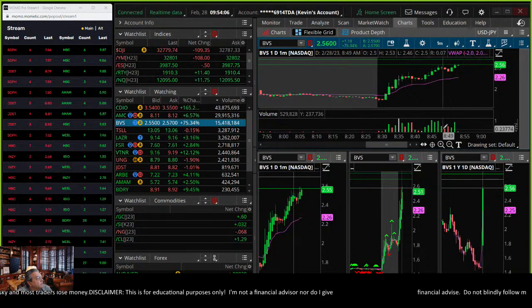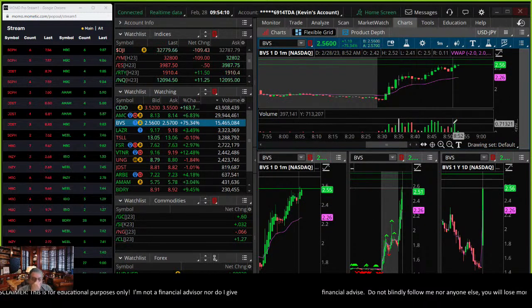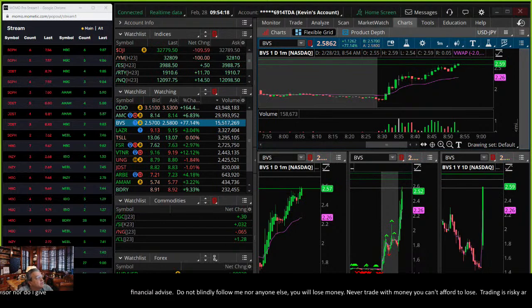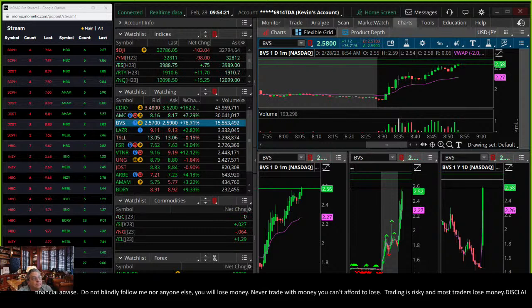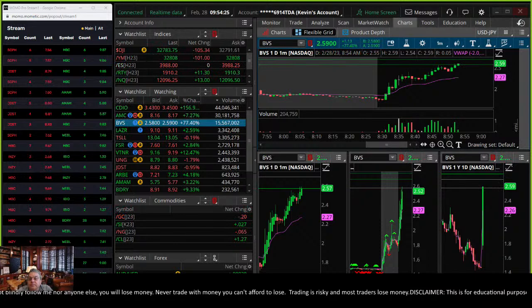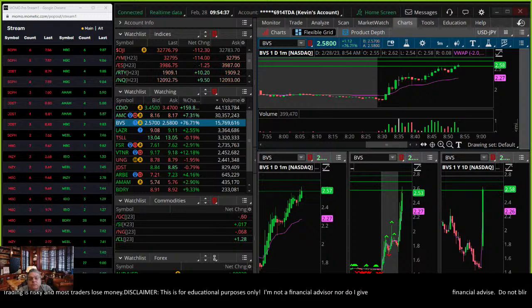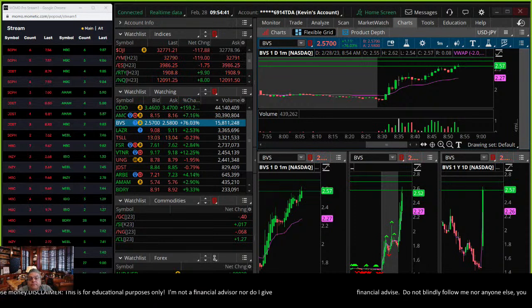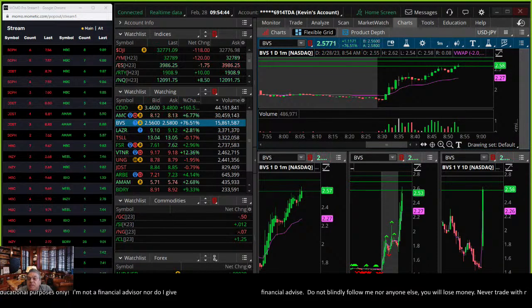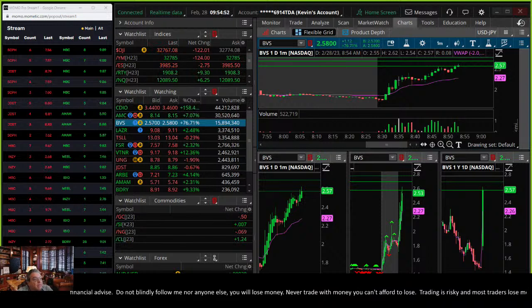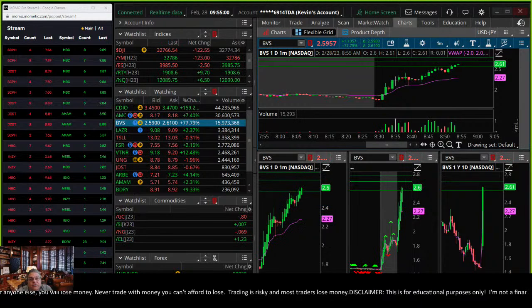I like that higher volume. Lower volume coming down, higher volume going back up. At first level target, see if we can get it up to $6. So 270 next target.